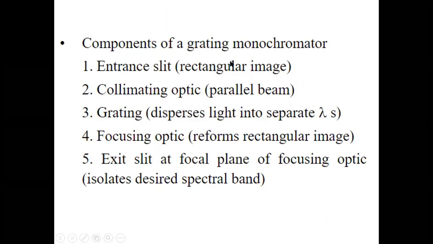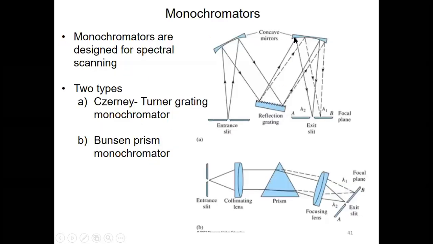We call it the focusing optic, right? Because this one will focus the light on the focal plane. That's why we call it the focusing optic. Then the exit slit will let out the radiation with the selected wavelength. So that is what happens in the monochromators.